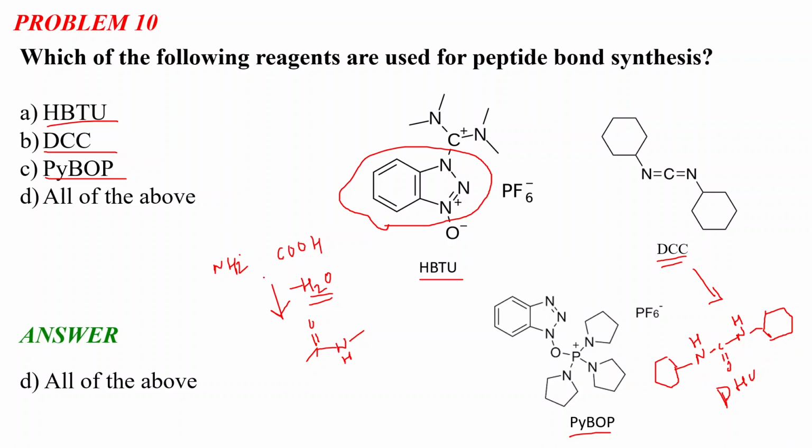So the water eliminated from the amine and carboxylic sides of the amino acids is taken up by DCC to form DHU, and that's how peptide bond formation happens. Just remember the names of these reagents and how the reaction happens.